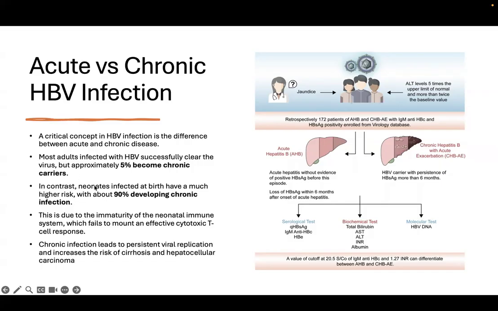If you're a baby or elderly or at high risk, where you don't have an immune system properly, you have a 90% chance now. So the jump from 5 to 90 is quite massive. But this is telling you how important our immune system is, specifically cytotoxic T cells, which are very important in controlling it.